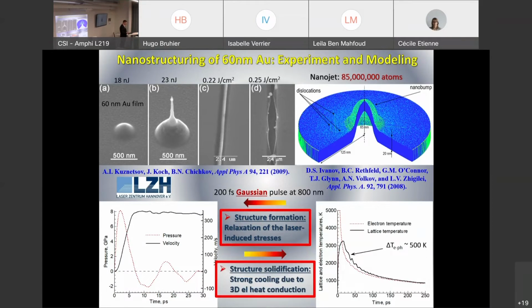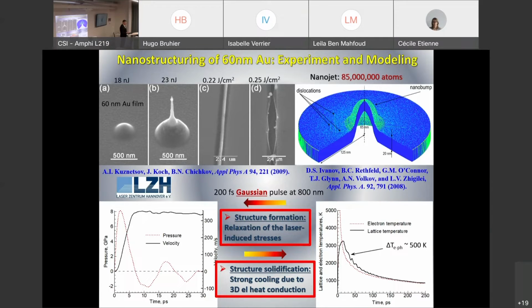On the other hand, let's see how this structure solidifies so fast. For that purpose, we plot electron and lattice temperature on the same plot as a function of time in the middle part of the material. We see that electrons first pick up the laser energy, as they must, and then during the electron-phonon equilibration they come to equilibrium. So after 10 picoseconds, the temperatures of electrons and lattice are equal.